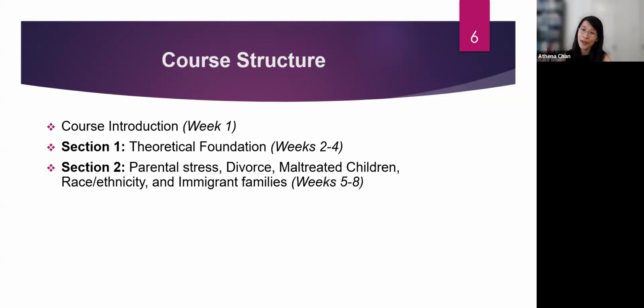Based on the theory and concepts learned in section 1, we will move forward to apply the concepts in section 2. In section 2, we will cover a few stressors, including parental stress, divorce, maltreated children, race, ethnicity, and stress, and also immigrant families throughout weeks 5 to week 8.